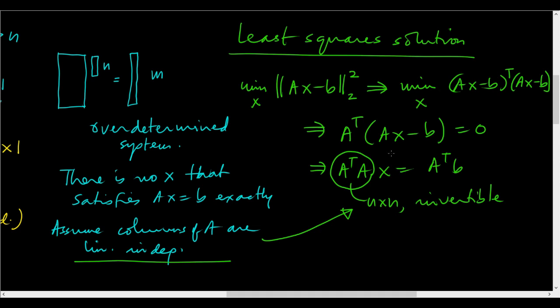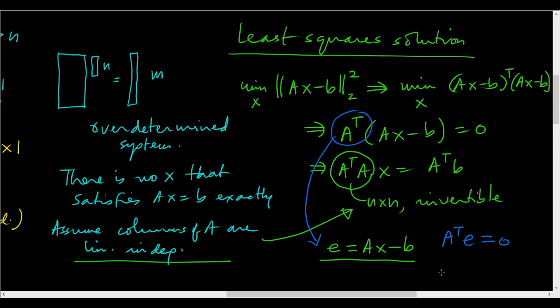One way to think about it is to say the error is Ax minus b, and this part here, let me make it with blue here, this part here says A transpose E equals 0. That means error is orthogonal to the columns of A.